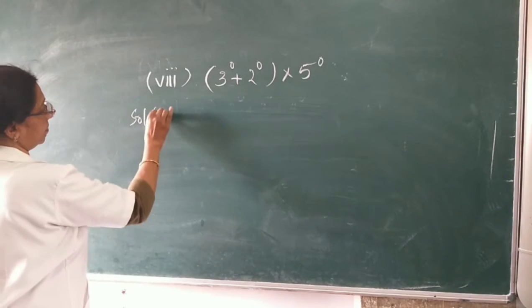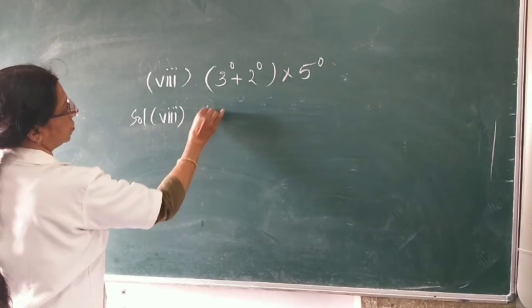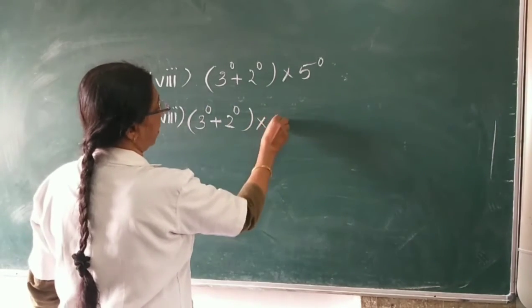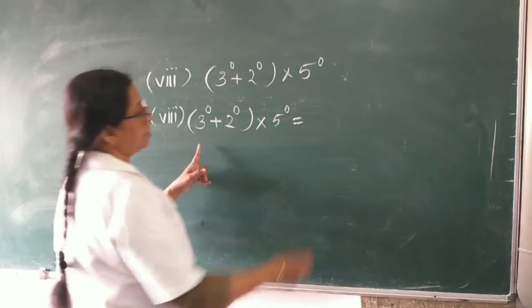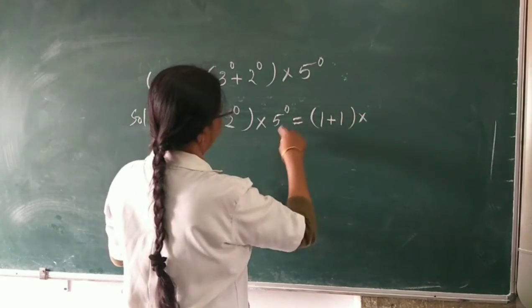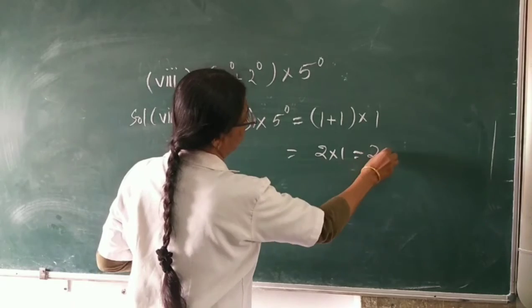Solution. 3 raised to 0 plus 2 raised to 0 into 5 raised to 0 is equal to, 3 raised to 0 is 1. 1 plus 1 into 1. That is 2 into 1, that is equal to 2.